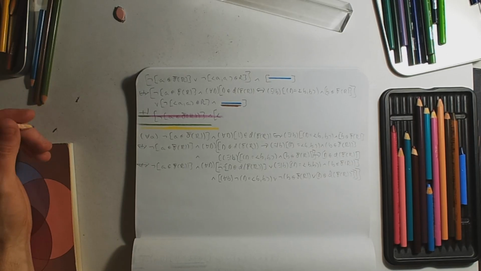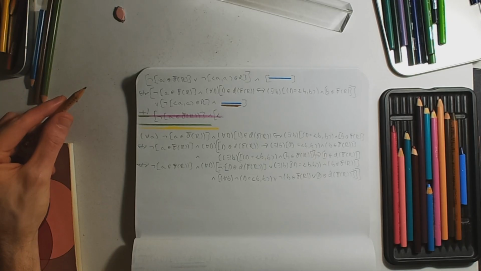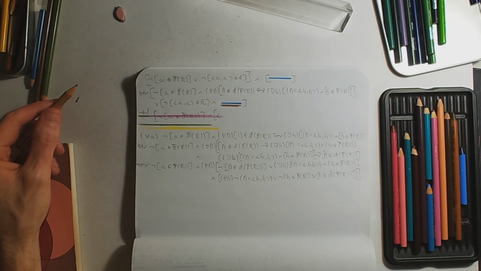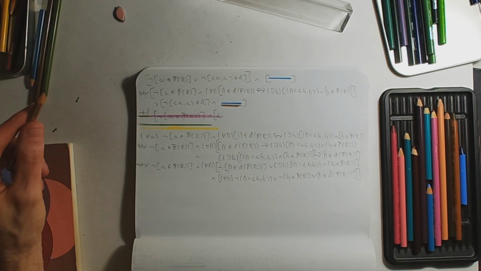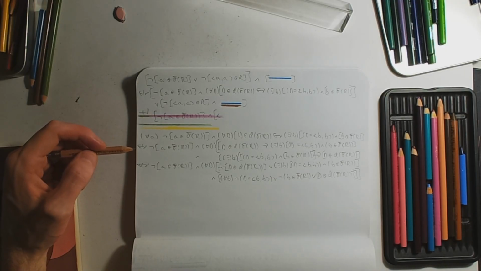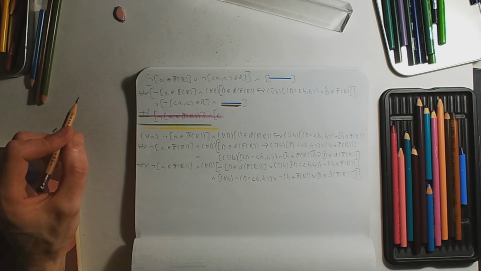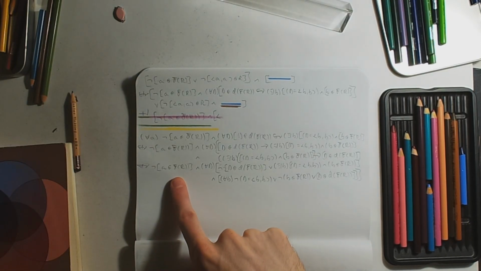Let me think here. Maybe the lemma we should be making here is, I was about to say, that if you have for all A, not A is an element of the field of R, then R is equal to the empty set.